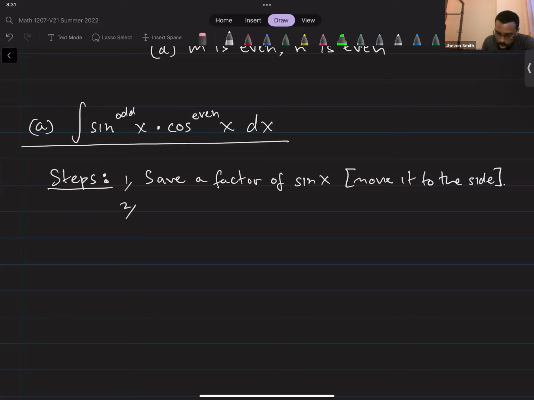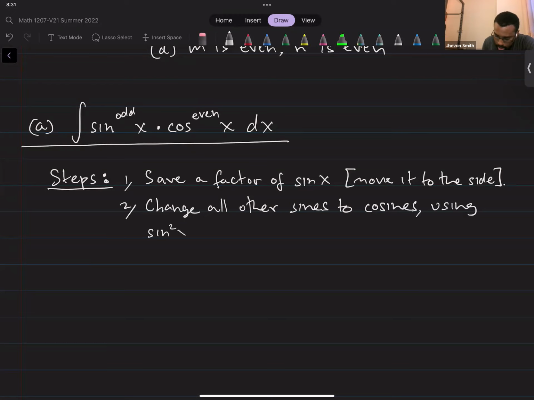The second step, you're going to change all other sines to cosines. Of course, you're going to be using the identity sine squared equals 1 minus cosine squared.